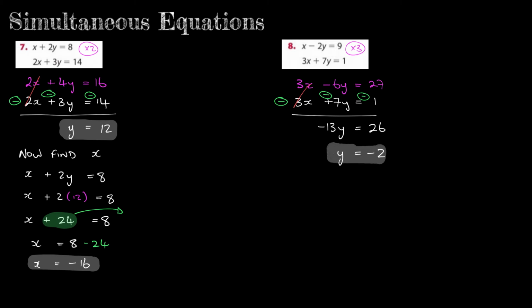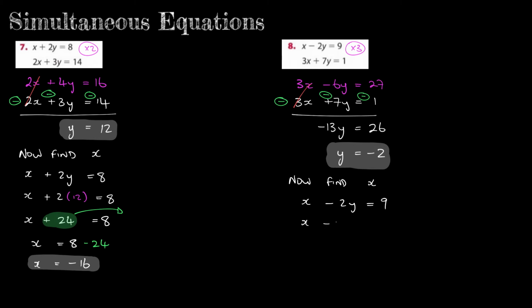We now need to go and find our x value. So we'll take the first equation, which is x minus 2y equals 9. And instead of y, I can put in minus 2.